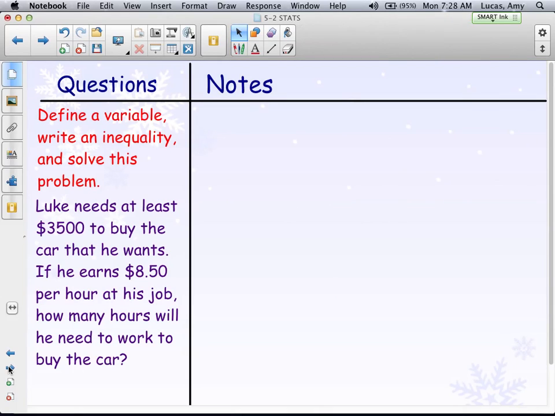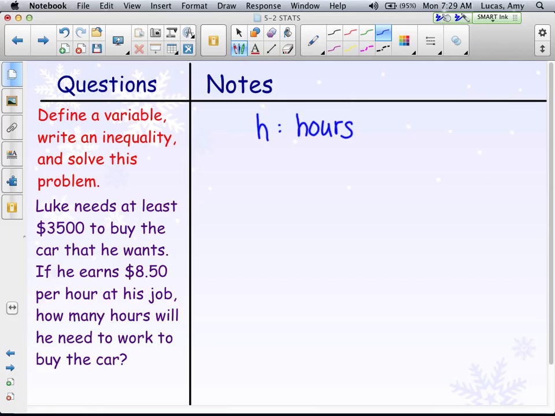Now, another of your favorite things, word problems. Define a variable, write an inequality, and solve this problem. Luke needs at least $3,500 to buy the car he wants. If he earns $8.50 per hour at his job, how many hours will he need to work to buy the car? Well, I'm going to use the variable h for hours.